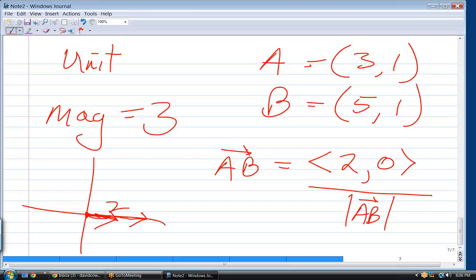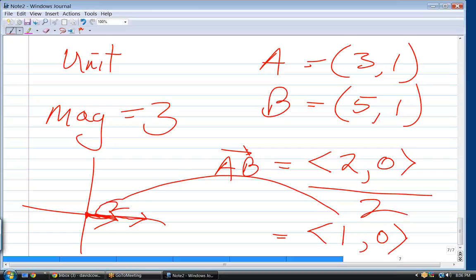Magnitude is the square root of this squared plus this squared. So the magnitude of AB is 2. And when I divide that vector by 2, I get this vector, which happens to be that other vector.